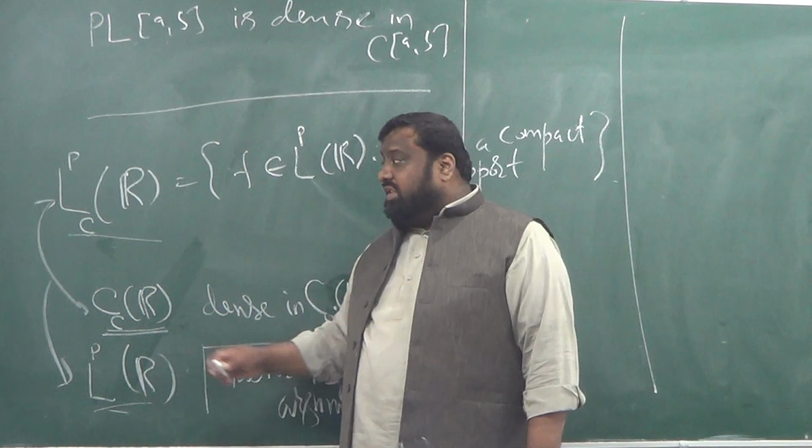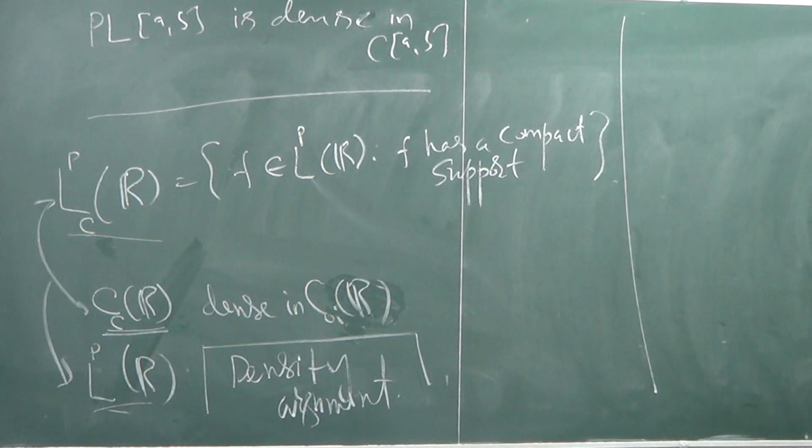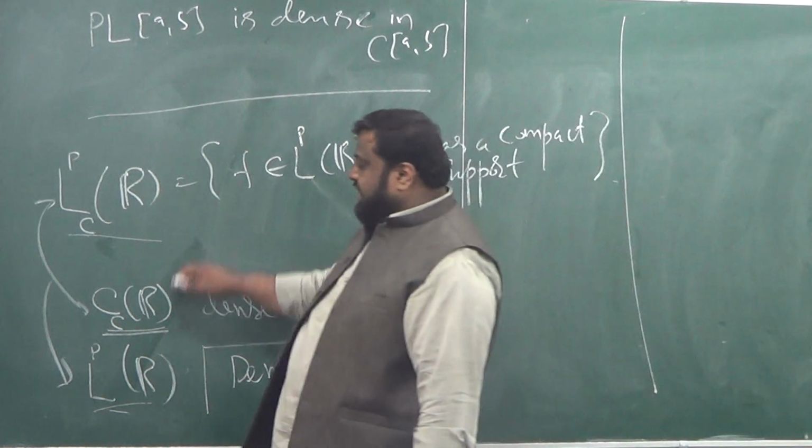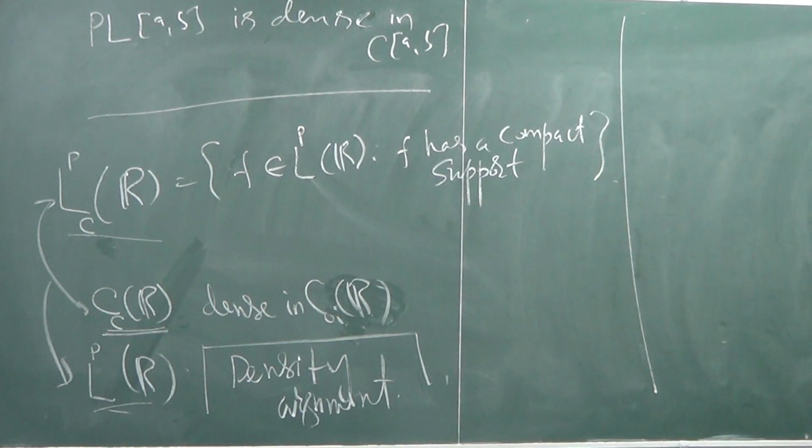So the density of this is pretty much obvious. And let's show that this space is dense in L^p of R. This is what we would like to do. For that, we'd like to do some preparations.